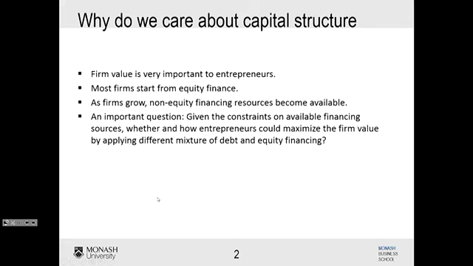Okay? So an important question is, given the constraints of available financing resources, whether and how entrepreneurs could maximize the firm value by applying different mixtures of debt and equity financing. What does this sentence say? We're living in a world with a boundary on the resources we could apply.